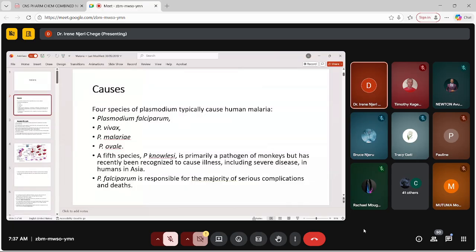So P. knowlesi is found in monkeys but can cause severe disease as well in humans. It's thought to cause severe disease in Asia. And you see, you can travel and take the disease. Now, P. falciparum is the one that is responsible for the majority of serious complications and deaths of malaria.